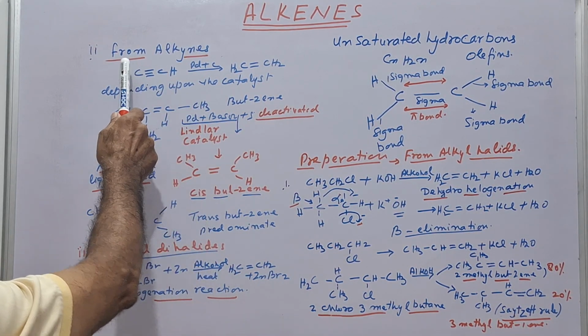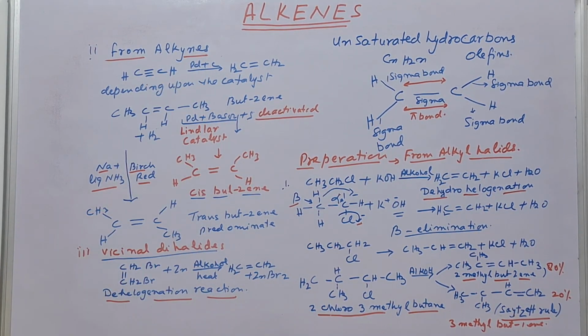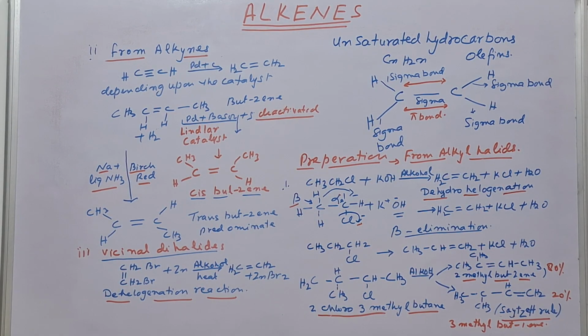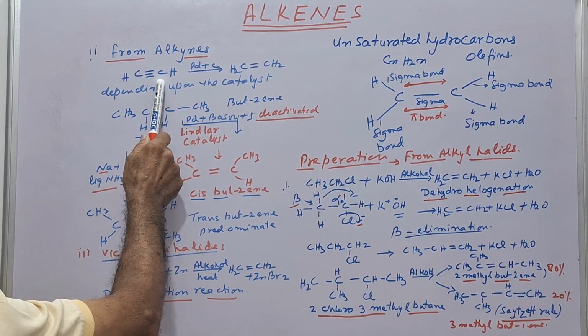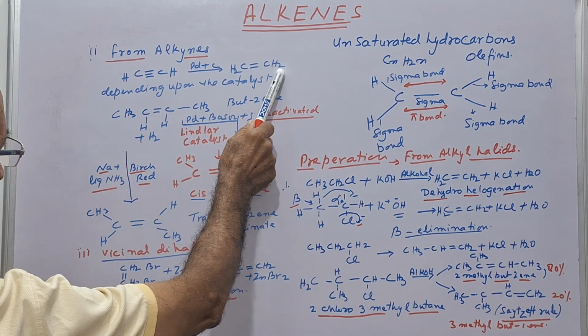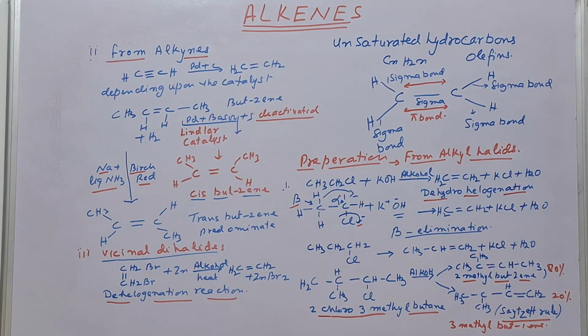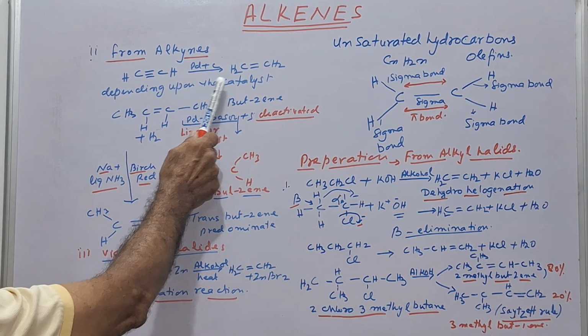Now from the alkynes. In the case of the alkynes, they undergo reduction, that is acetylene forms the ene, that is ethylene. Now here again, it depends upon the catalyst.